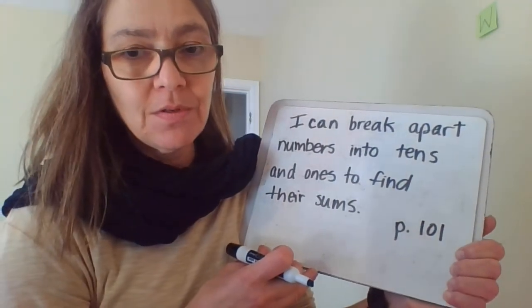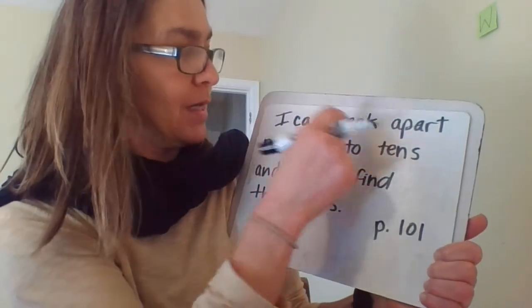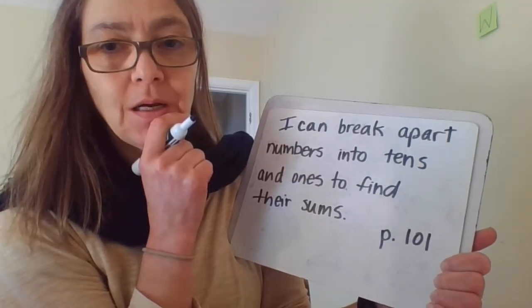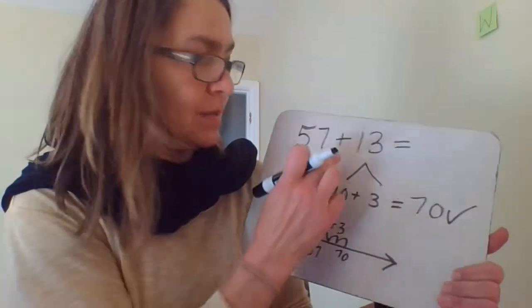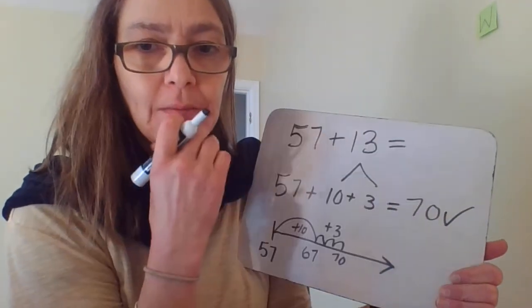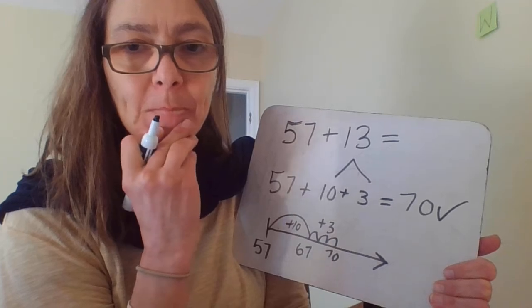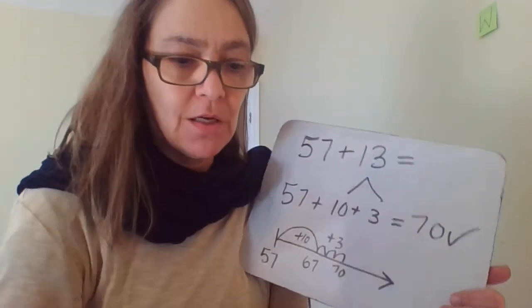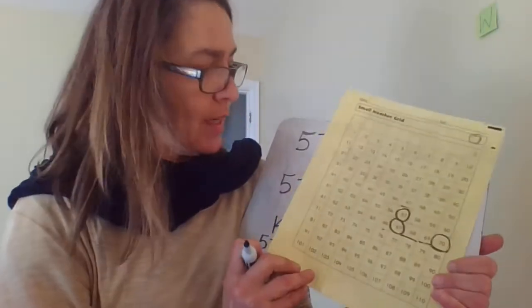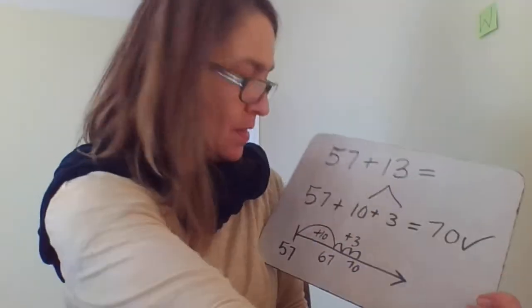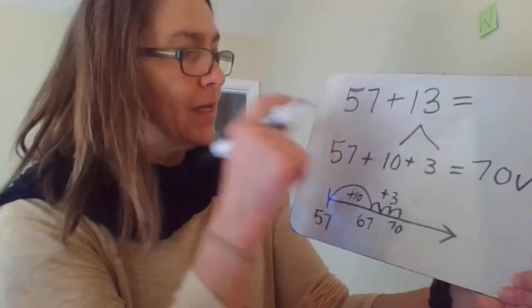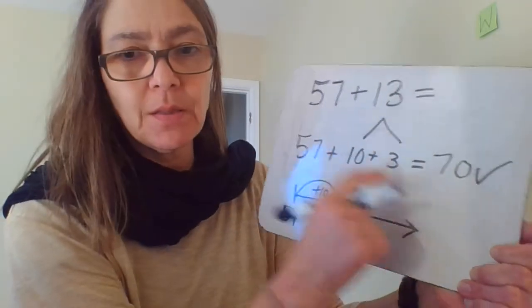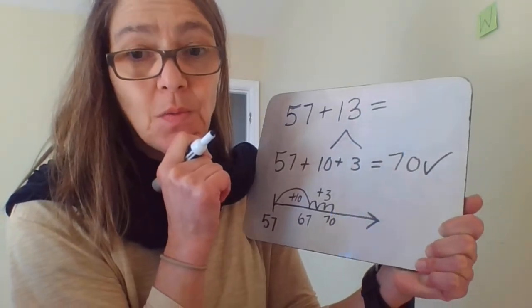All right, so with that said, you can add 2-digit numbers within 100 by breaking apart the second addend. The second addend, this one. And this is how you do it. Okay, this is another strategy. First you learned how to use the number grid, then you learned how to use the number line, and now you're learning how to break apart numbers into their tens and their ones.